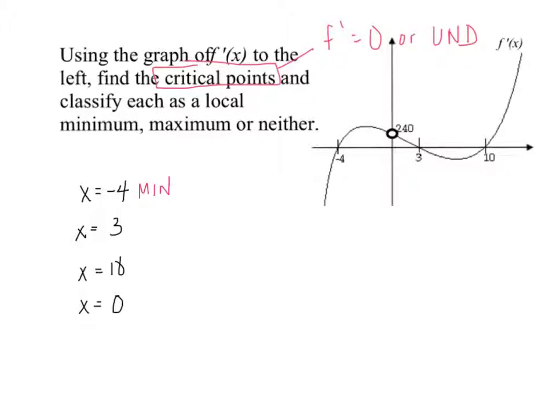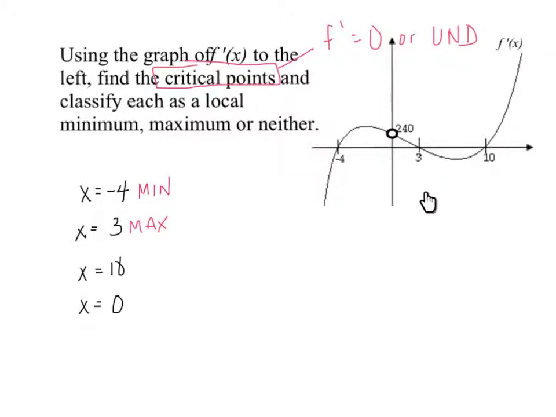Well, let's look now at 3. So the derivative changed from positive to negative, meaning the function changed from increasing to decreasing. Well, if a function was going up and increasing, then decreasing, you know that function had a maximum. At 10, the derivative was negative, then positive, so the function was decreasing, then increasing.